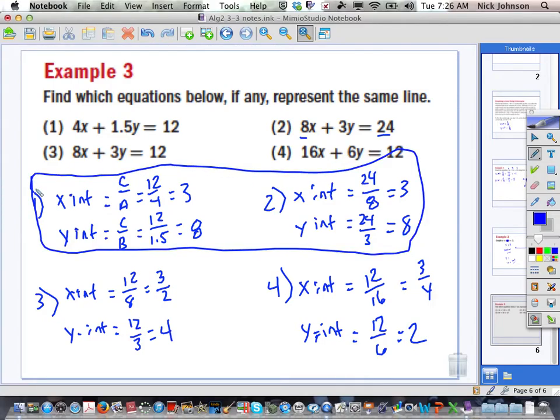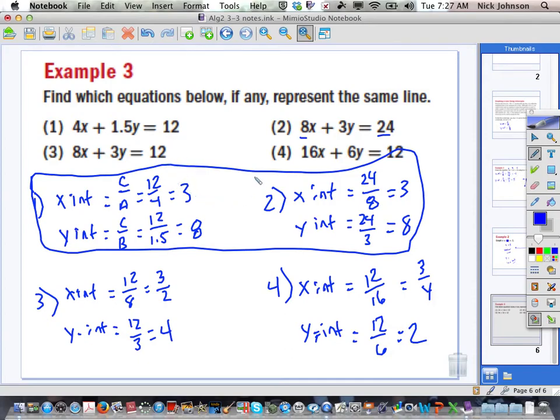Now another way you could have noticed it is if you look at 1 and you look at 2, what times 4 gives me 8? Well, 2 does. 1.5 times 2 gives me 3, and 12 times 2 gives me 24. So if you can multiply one of these equations by a multiple of something, they're the same thing. Like if you wanted to compare 1 and 3, 4 times 2 gives me 8. 1.5 times 2 gives me 3, so it works for both those, but 12 times 2 gives me 24, so that doesn't work because it's 12 and 12.